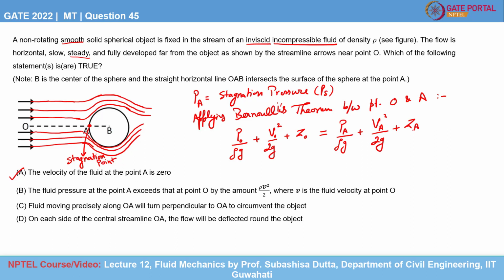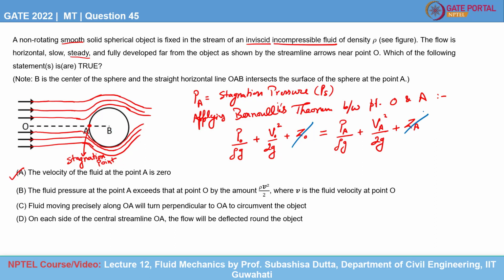Now since it is a horizontal line, we can cancel ZO and ZA because they are both equal on a horizontal line.